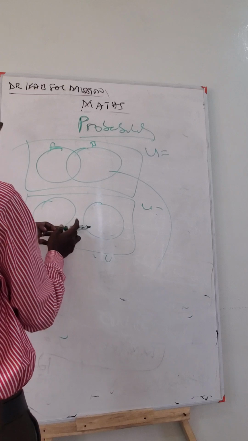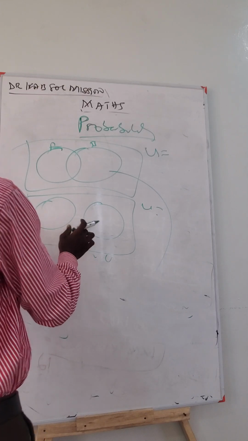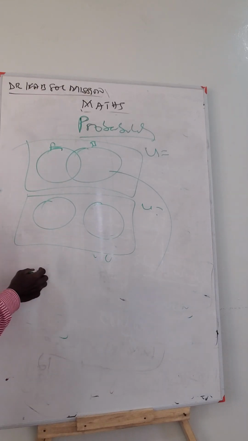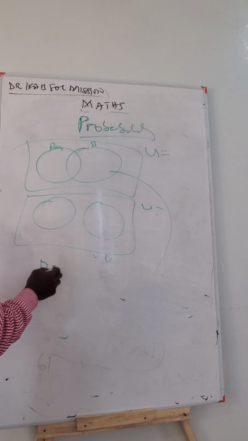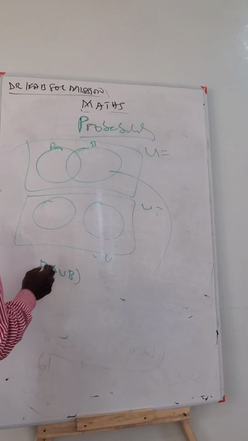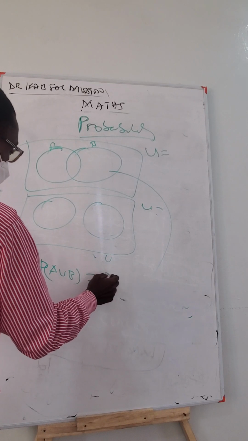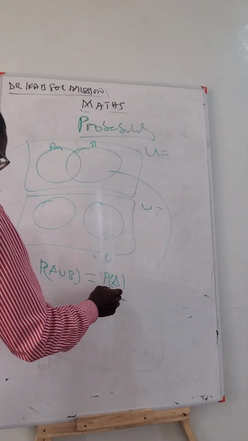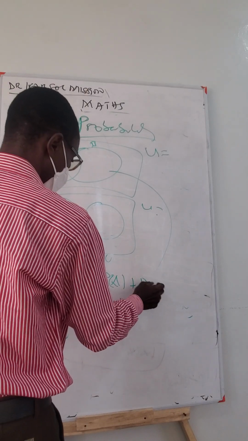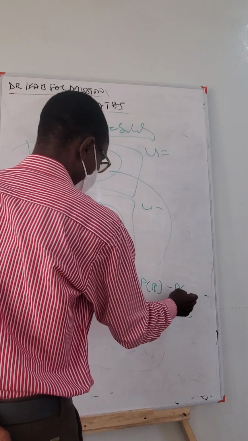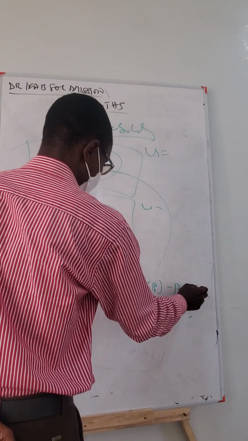They share. But here they are mutually exclusive, they don't share. So where they share, if you want to find the probability of A union B, putting them together, it will be probability of A plus probability of B minus probability of A intersection B.